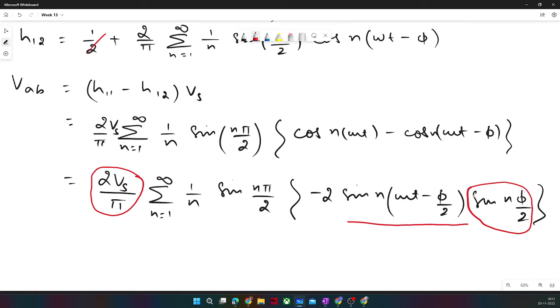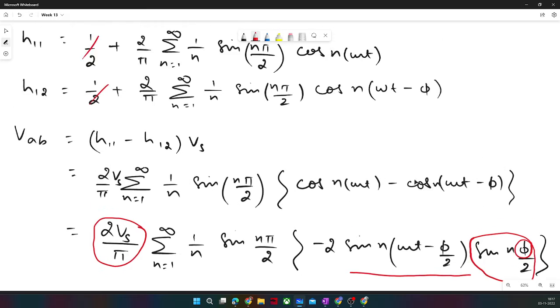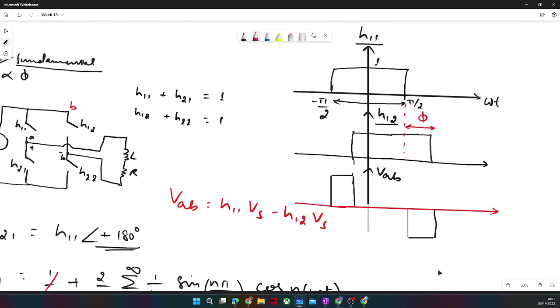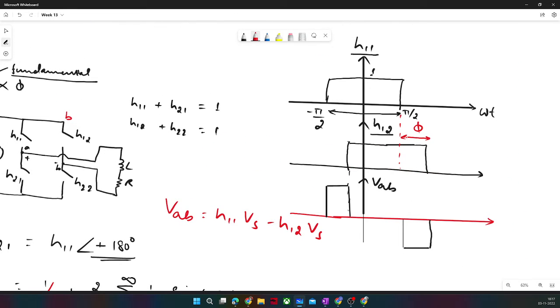So this term is coming due to reduction in the fundamental component of our output voltage. The amount of reduction we want, we can control it from phi, or in other words, from here, this phi. The more we shift, the higher magnitude we will get.